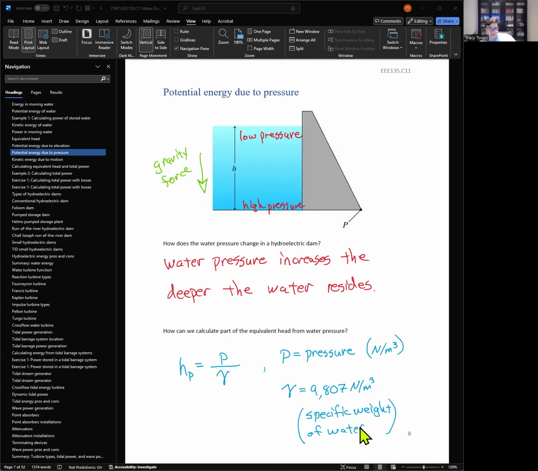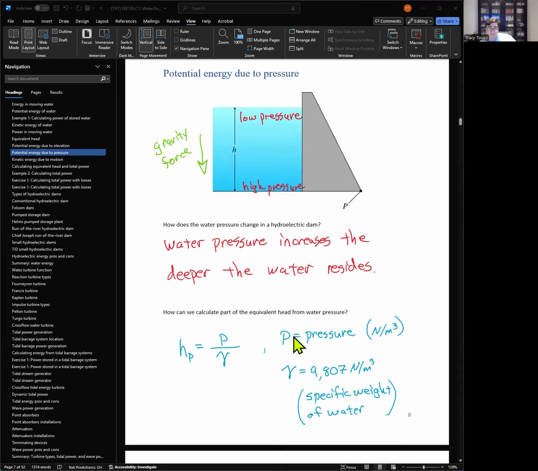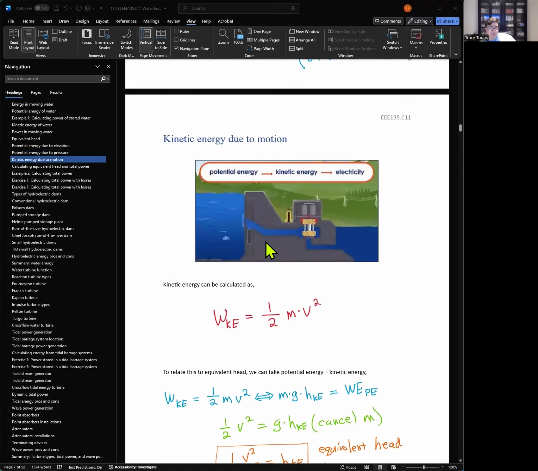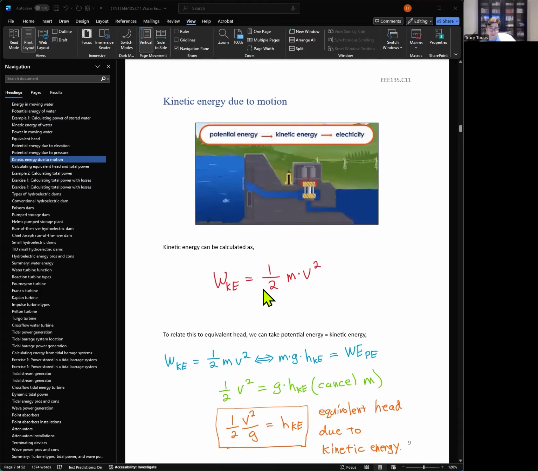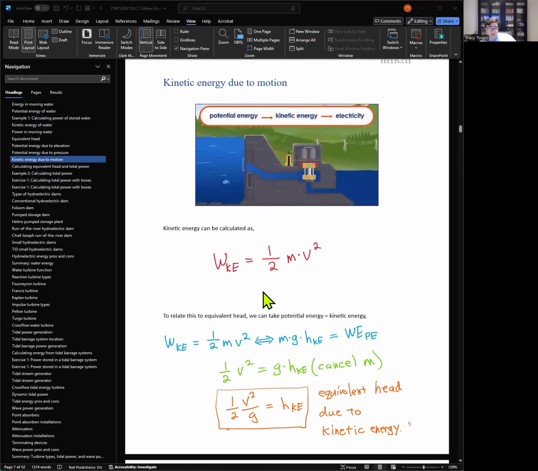And the specific weight of water is 9,807 newtons per meter cubed. Pressure is going to depend on how big the reservoir is. But as long as you know these two, you could get the equivalent head and then add that into the other variables we'll see to get our total equivalent head.